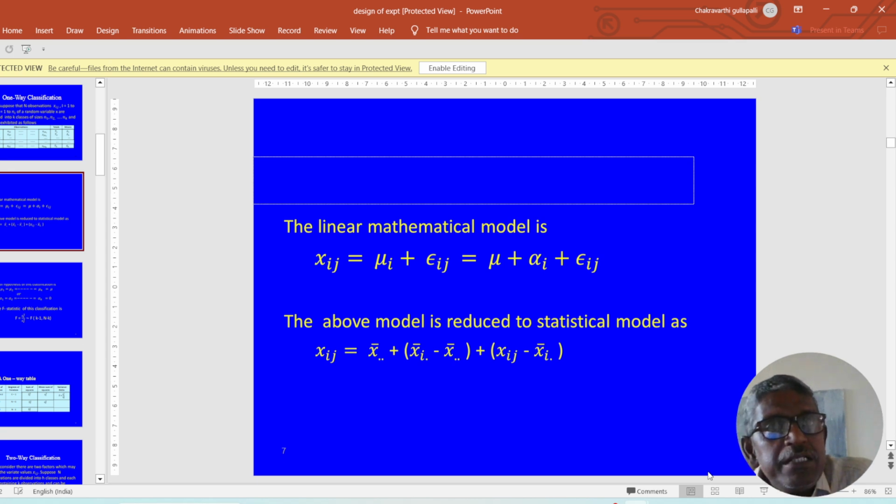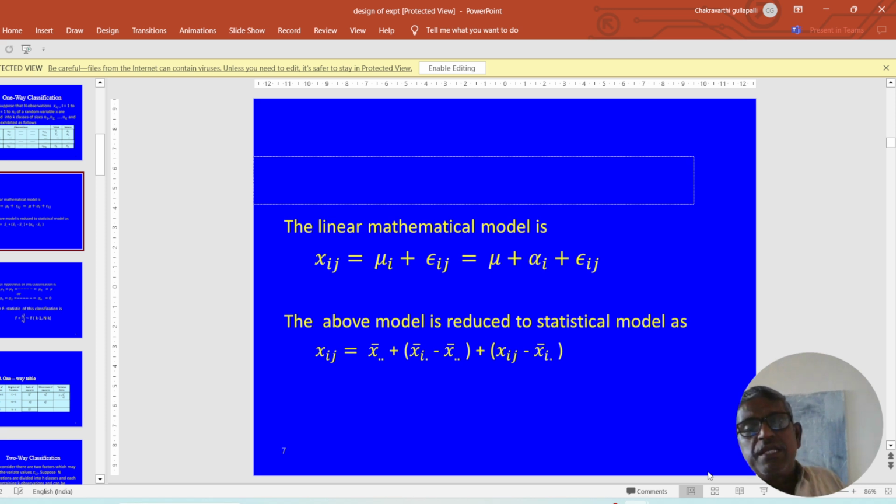Here mu i is the treatment effect, and it is divided into two components: one is a general effect, and another is a net treatment effect. So mu i equals mu plus alpha i, where mu is the general mean effect and alpha i equals mu i minus mu is the net treatment effect, and epsilon ij is the random effect. These three effects together give the result xij.